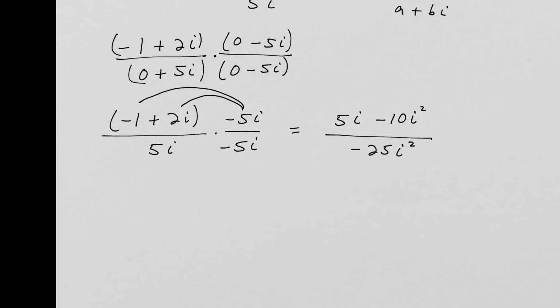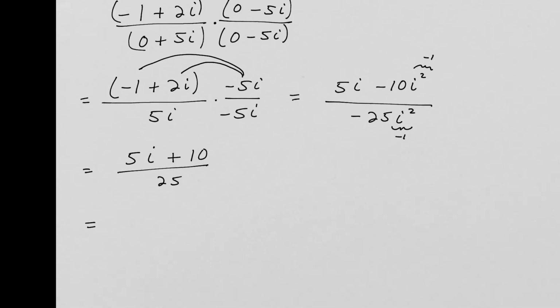But remember, i squared is negative 1. Negative 10 times i squared is negative 10 times negative 1, which is plus 10. Over, and then negative 25 times negative 1 is positive 25.